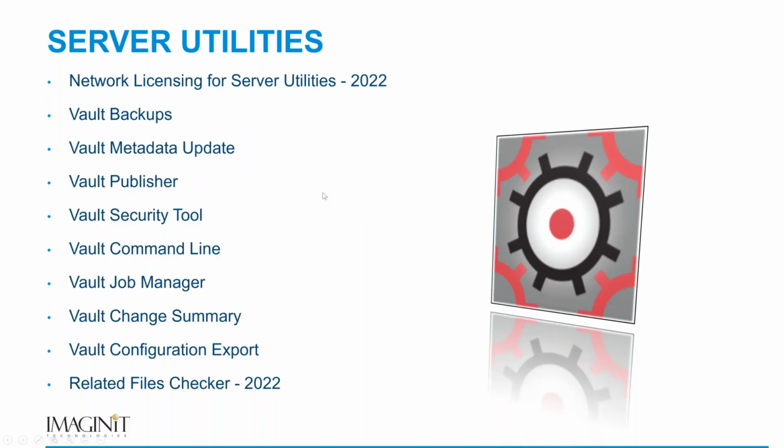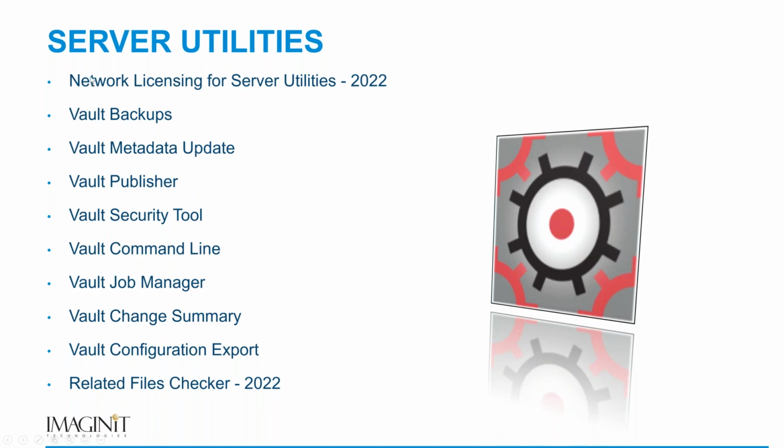Here's a list of the utilities that you get with our Vault server utilities. Two are new. One is network licensing for our server utilities. Now you can purchase a network license for them, and that is beneficial.